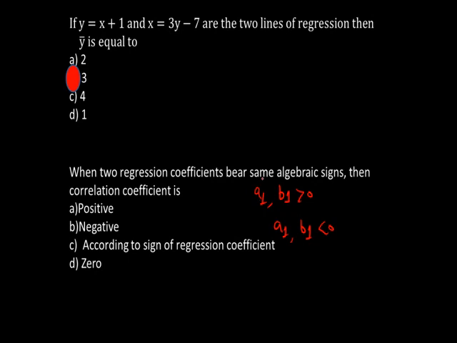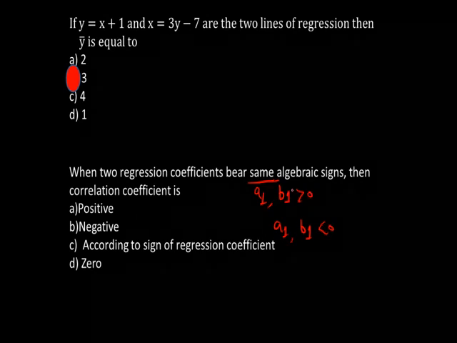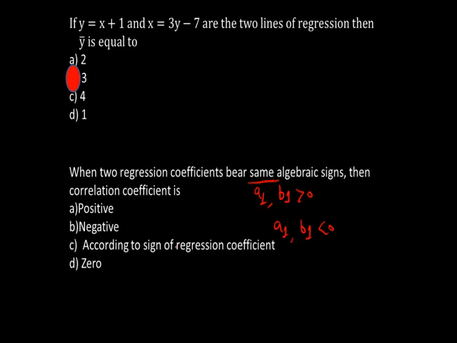So here, instead of mentioning greater than 0 or less than 0, it says same algebraic sign. So we don't know whether both are positive or negative, and we cannot say specifically that the correlation coefficient is positive or negative. It depends upon the sign of these two regression coefficients. If they are greater than 0, then the correlation coefficient will be greater than 0.